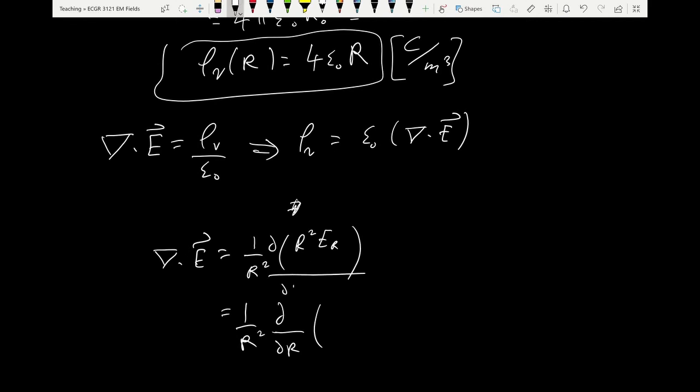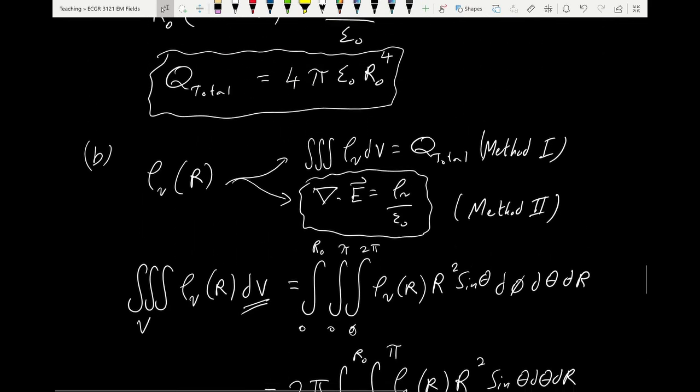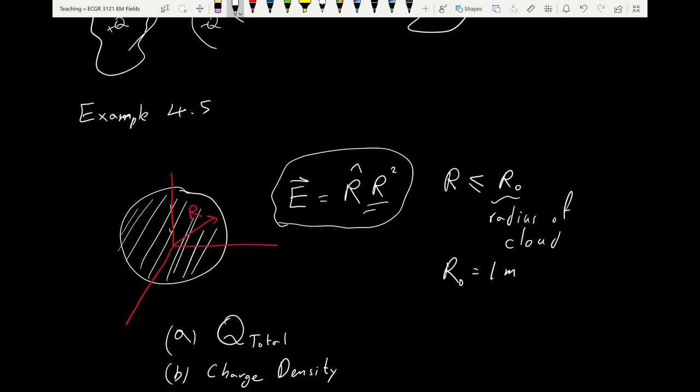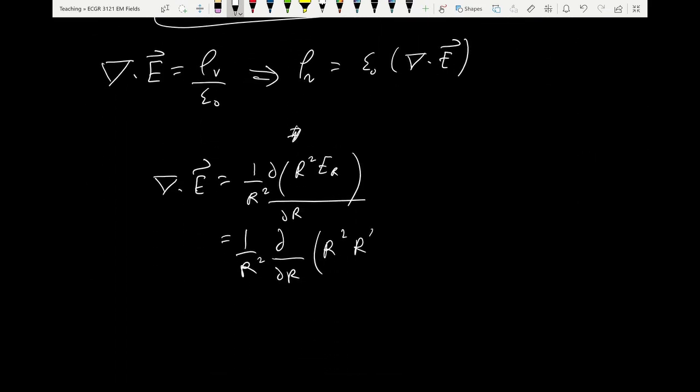So r squared times the radial component of E, which is r squared, so this is going to be 1 over r squared times the derivative of r to the 4 over dr. This is going to be 1 over r squared times 4r cubed.